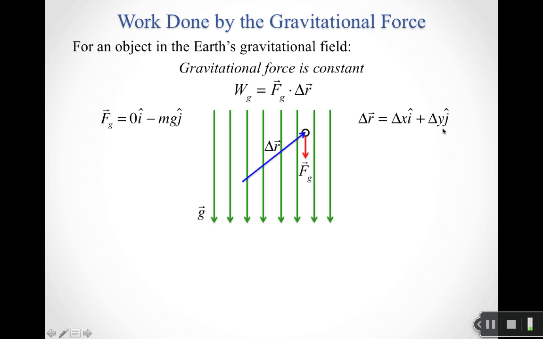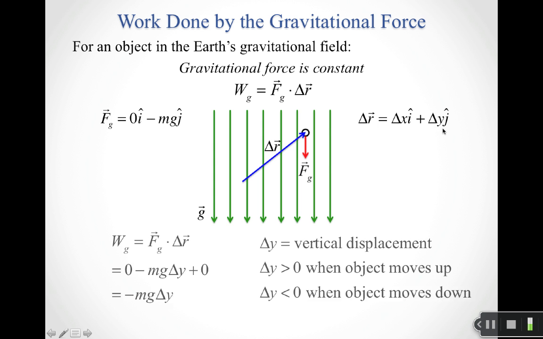So for my displacement, this is just the change in x, and the y component is just the change in y. When I do the dot product between these two, I'm going to get x components multiplied together, that's going to give me 0, y components multiplied together, plus z components multiplied together. So I end up with an expression that's just negative mg delta y, where delta y is my vertical displacement.